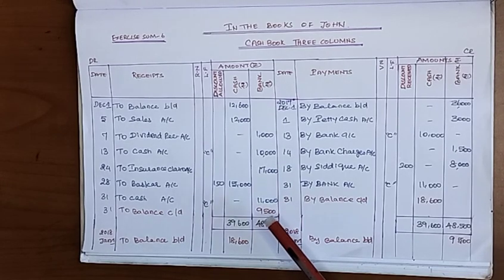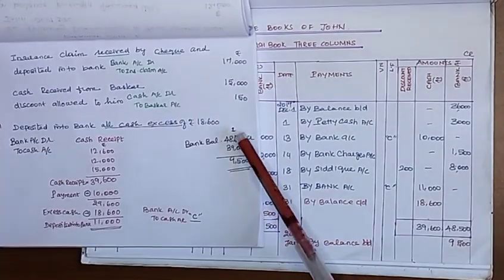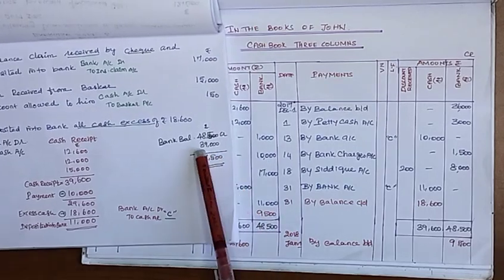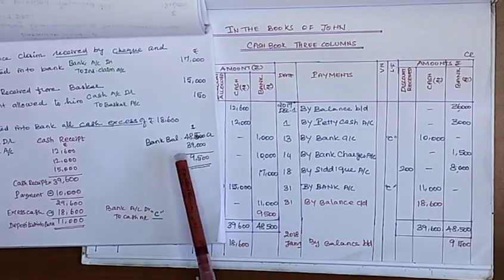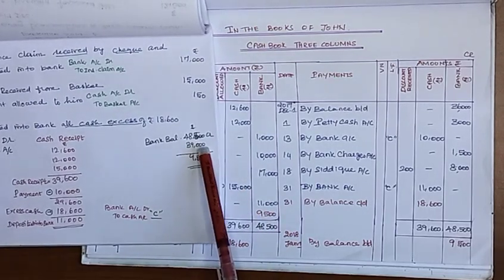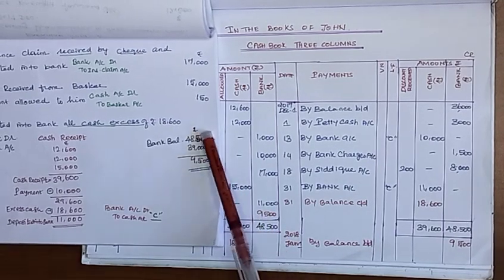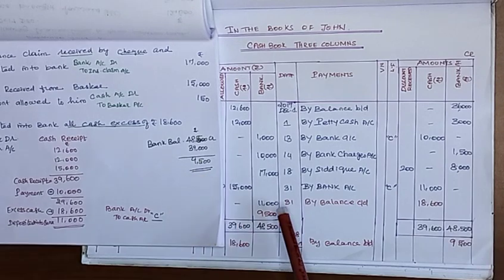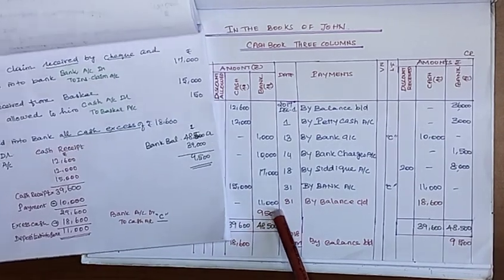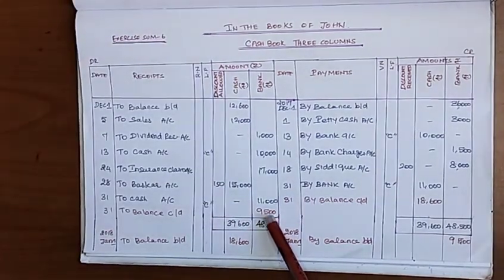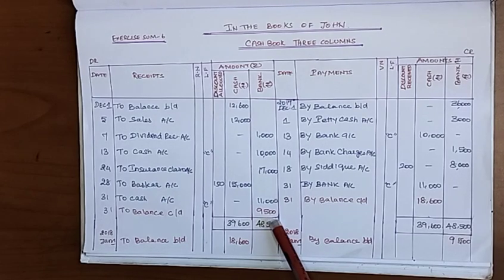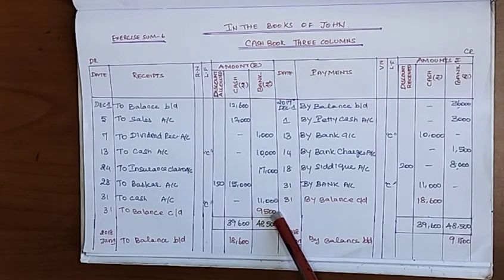How much? 39,000 rupees. We subtract that 39,000 from the 48,500 total and we get 9,500. This is the difference value. We have to enter that difference on the lesser side, which means the debit side bank column.